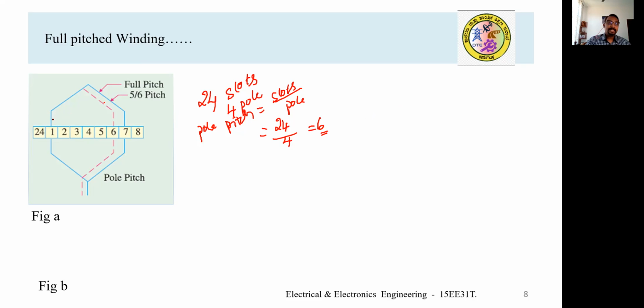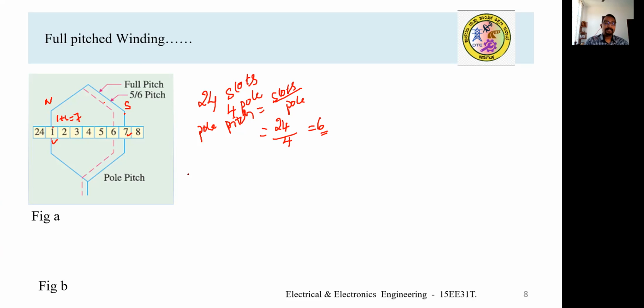That means if one coil side is placed in slot number 1, then 1 plus 6 is equal to 7. The other side of the same coil must be placed in slot number 7. Then the winding is called a full pitched winding. If this slot comes under the N pole, exactly this slot comes under the S pole. Let us see the example.